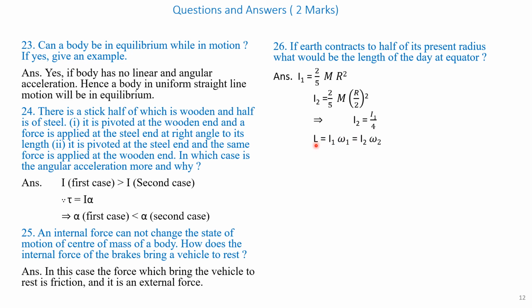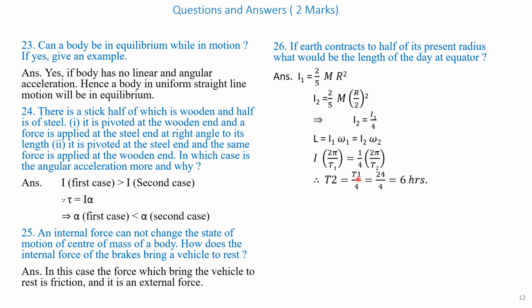Therefore, we know the angular momentum L is equal to I1 into omega 1, that is equal to I2 into omega 2. Angular velocity omega is 2 pi by T. So I1 into 2 pi by T1 is equal to 1 by 4 of I1 into 2 pi by T2.